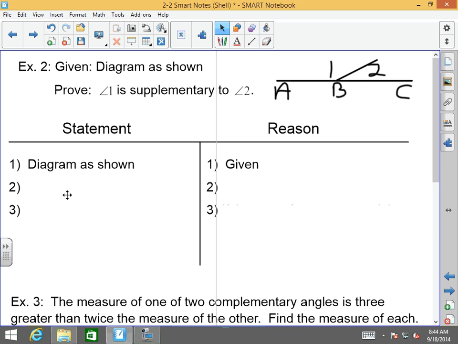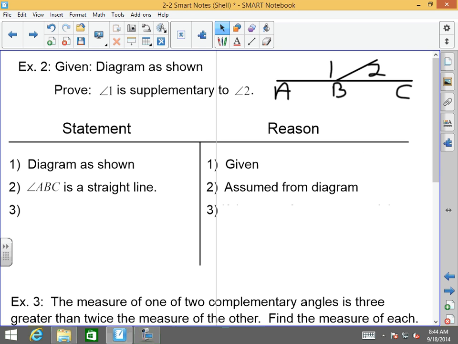So then I could say angle ABC is a straight line or a straight angle. I would accept either one. And yes, the reason for that is exactly what you said. You can assume a straight angle or a straight line from the diagram.